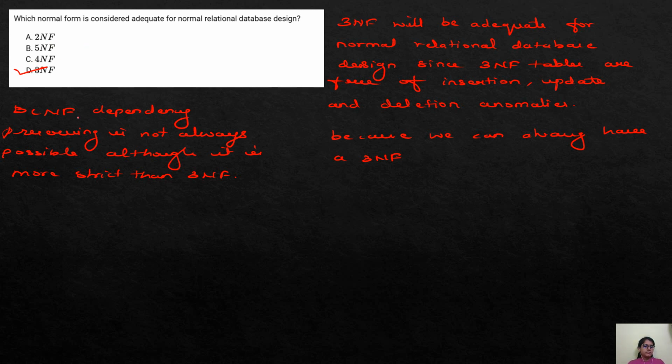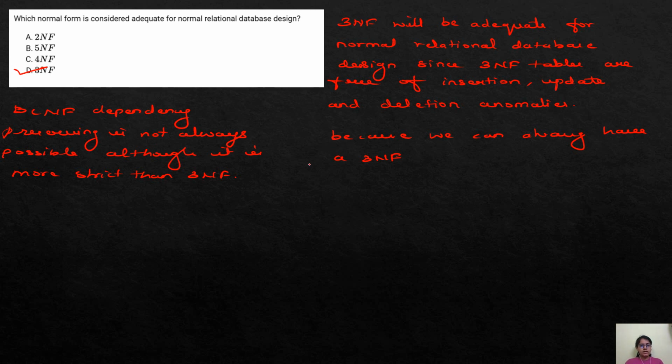Here BCNF is not possible, so we can't expect 4NF or 5NF in relational database design. 4NF and 5NF are also not possible because BCNF is not being satisfied. But if it is 3NF then 2NF will also do and 1NF will also do. But in 2NF we can't guarantee dependency preserving and lossless decomposition. We can't talk at that level. So that's why 3NF is the only suitable answer.